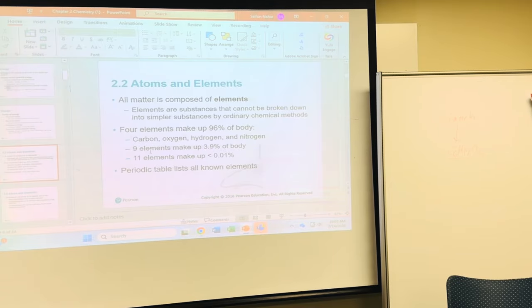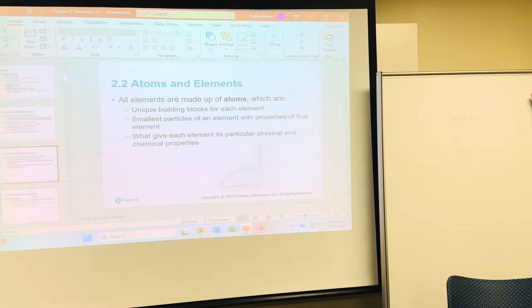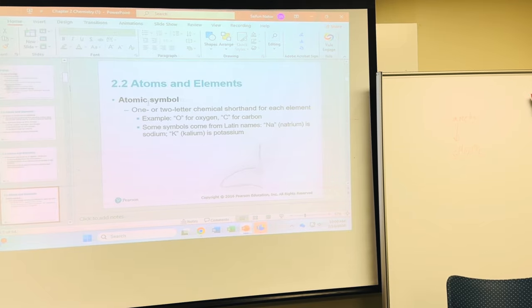So for example, if we say elements, what is the symbol of the element? A lot of the time when we say symbol of the element, what does it mean? So, what is the symbol of hydrogen? H. What is the symbol of helium?